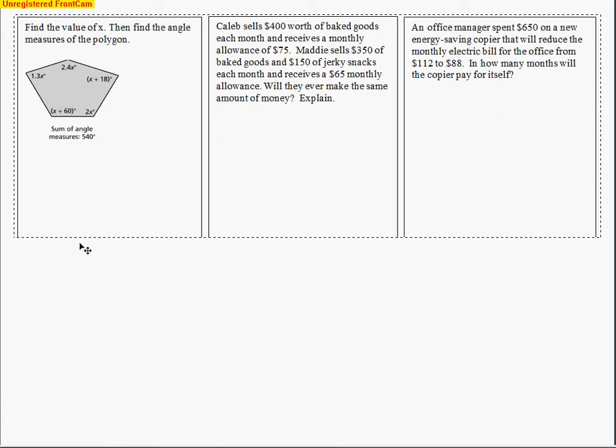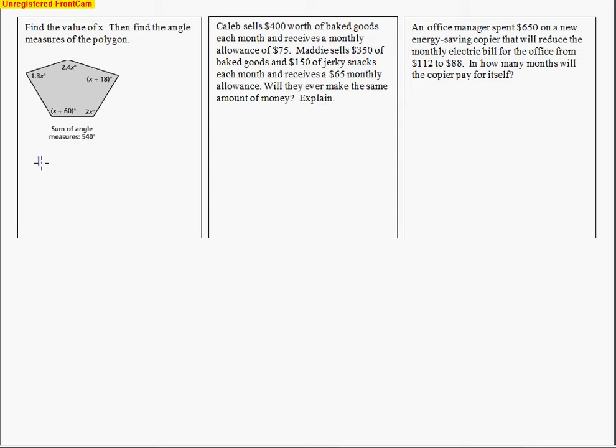Looking at the next problem, it says to find the value of x, then find the angle measures for the polygon. So I'm going to go ahead and take the angles that I have and add them up. So I have 1 3/10 x plus 2 4/10 x plus x plus 18. And then I'm going to also add on the x plus 60 and the 2x.